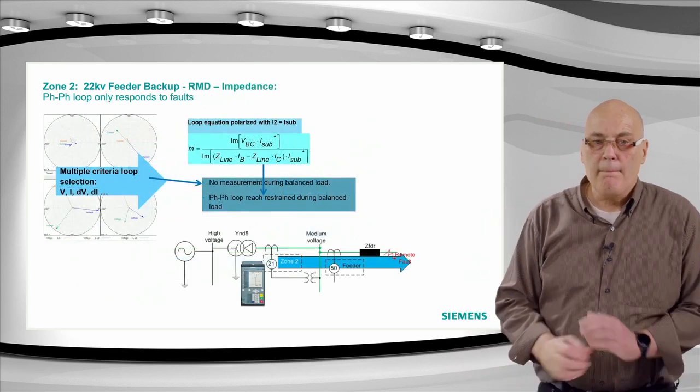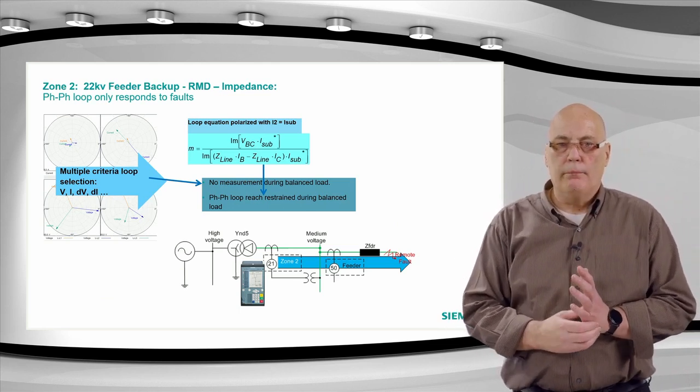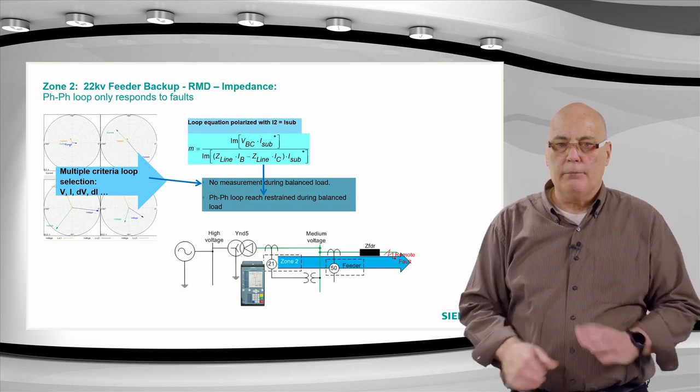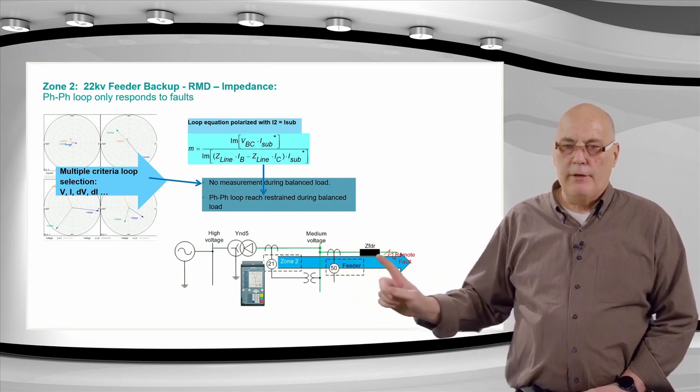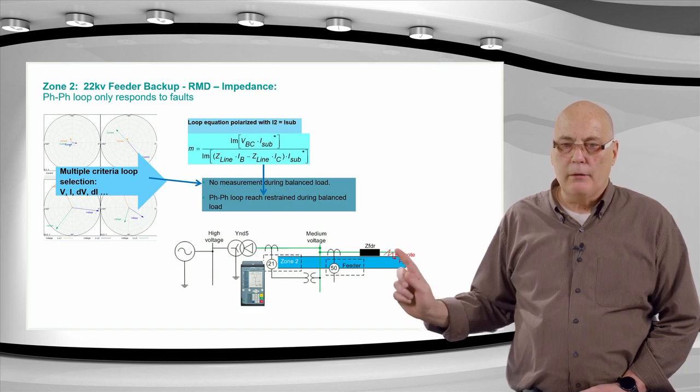Okay, now we come to the more difficult situations. Sorry, we're still with the phase-to-phase fault down here, showing you that the load cutout here will not be affected by that.